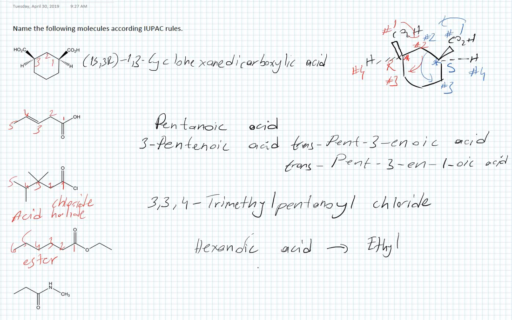So let me just circle this part. It has to be replaced by the ate suffix. So ethyl hexanoate. So basically we have to start with the alkyl group after oxygen, then this part as a carboxylic acid, and ic acid has to be replaced by the ate suffix, so it's going to be ethyl hexanoate.